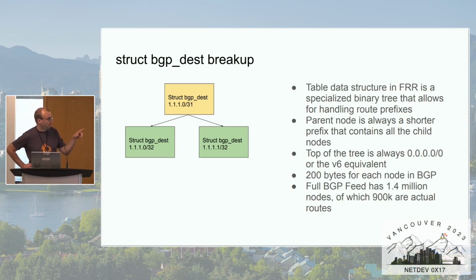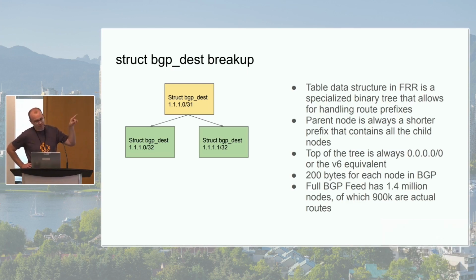So like on the slide here, if I have a 111032 prefix and a 111132 prefix, they'll have a parent node that contains both of them with a longer prefix match, not a shorter prefix match.